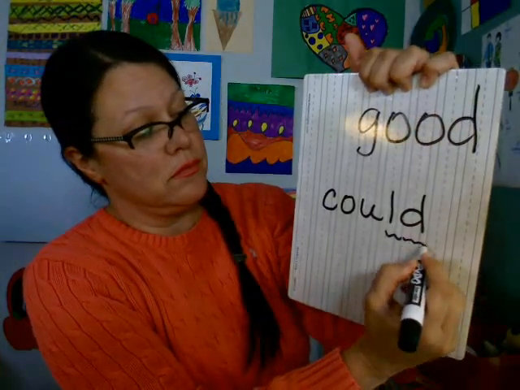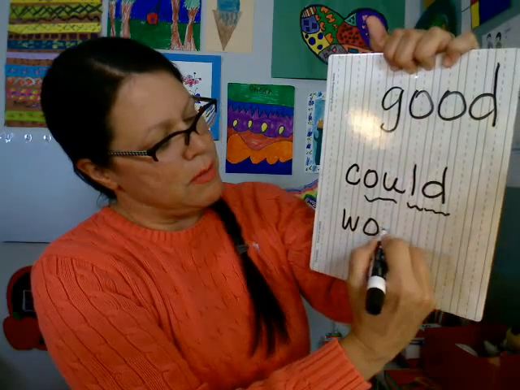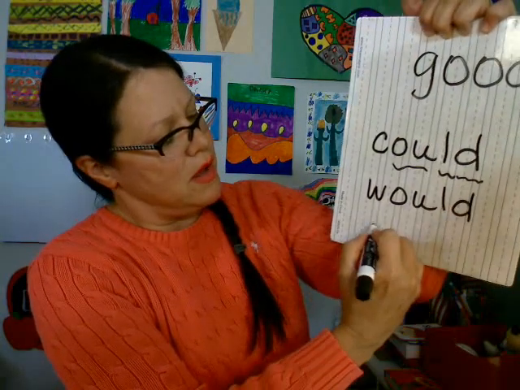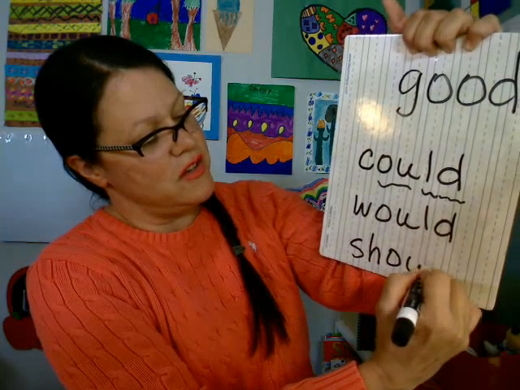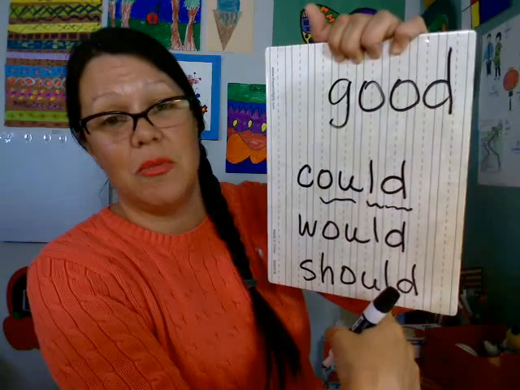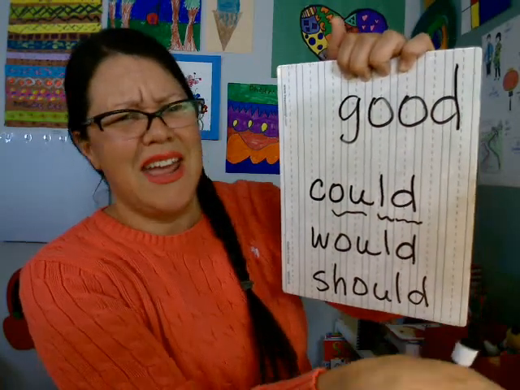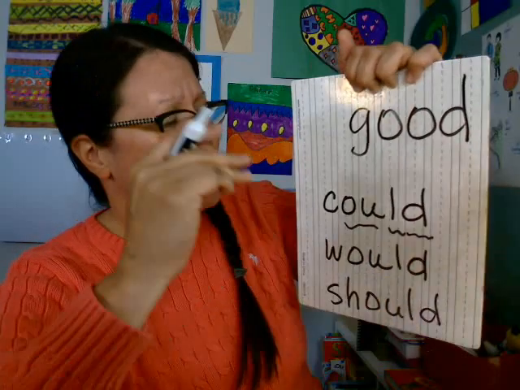Could. What about would and should, right? These words are coming. If they haven't already crossed your path or your student's path, they're coming. Using rhyme really helps when it gets to that extra unnecessary spelling.